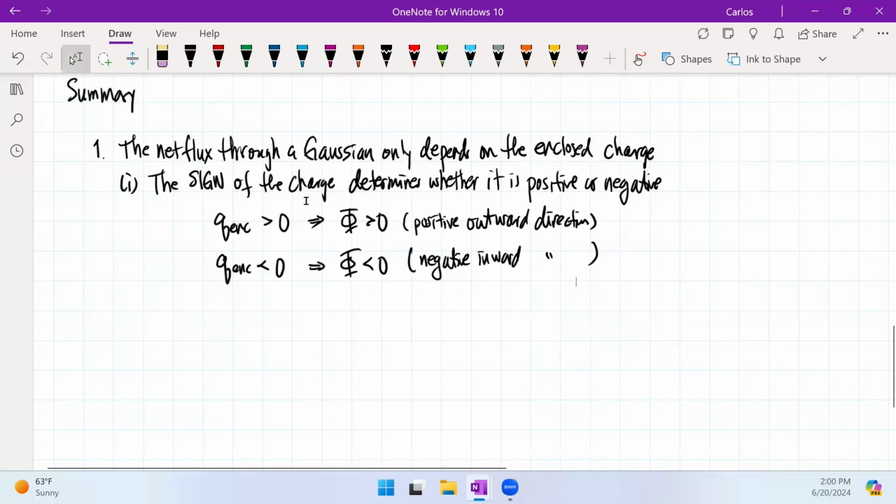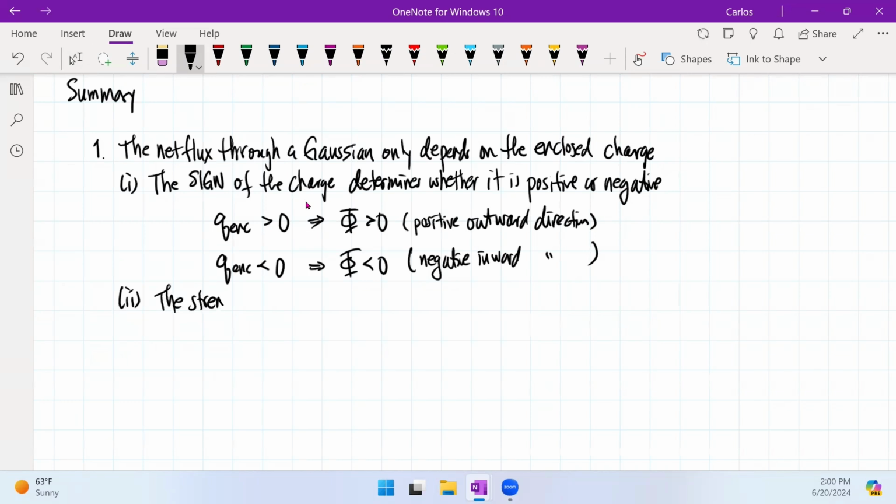The other thing that we found here is that we talked about the strength of the field. Well, it's too late.